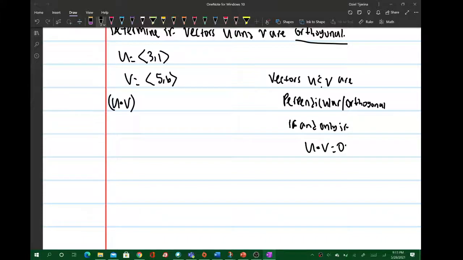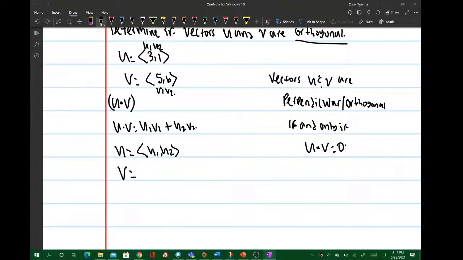So what we do here is this is u1, u2, and then this is v1, v2, right? So basically u dot v equals u1 v1 plus u2 v2, given that vector u is of the form u1, u2, and vector v is of the form v1, v2, right?